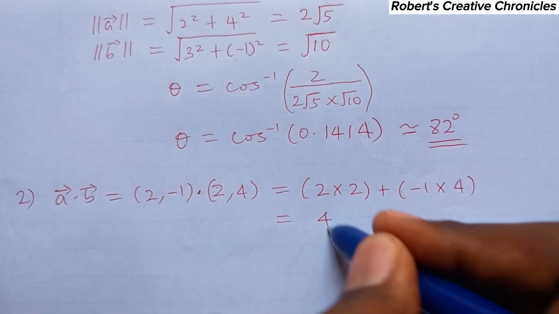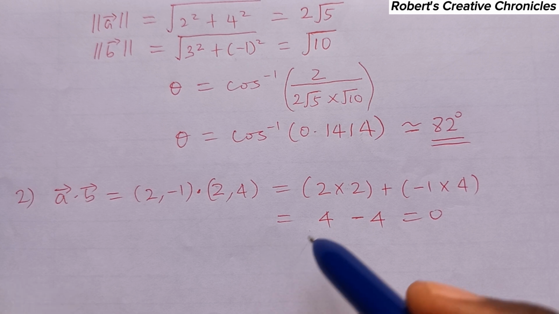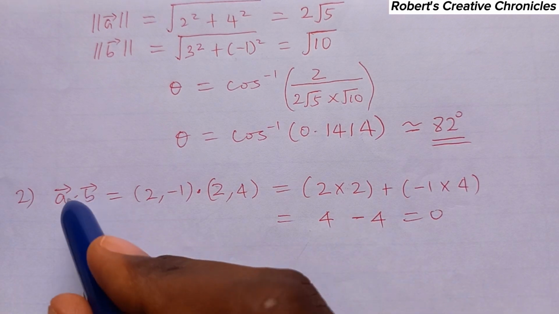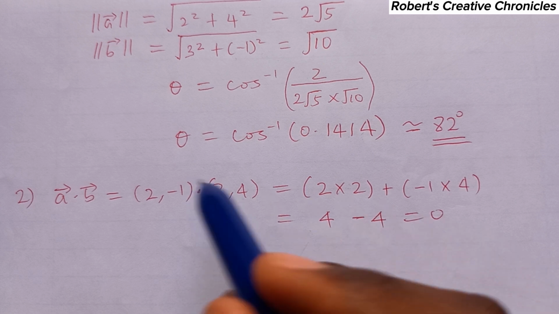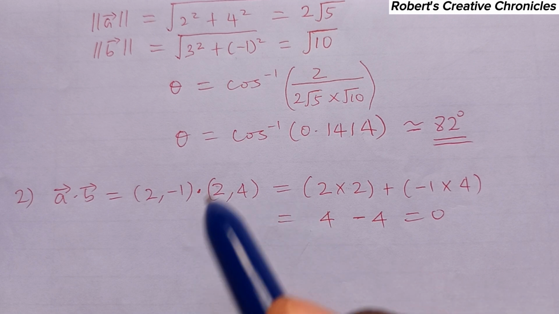So this becomes 4 minus 4, which is equal to 0. And since the dot product is 0, that means these two vectors are orthogonal or perpendicular. That means the angle between the two of them will be 90 degrees.